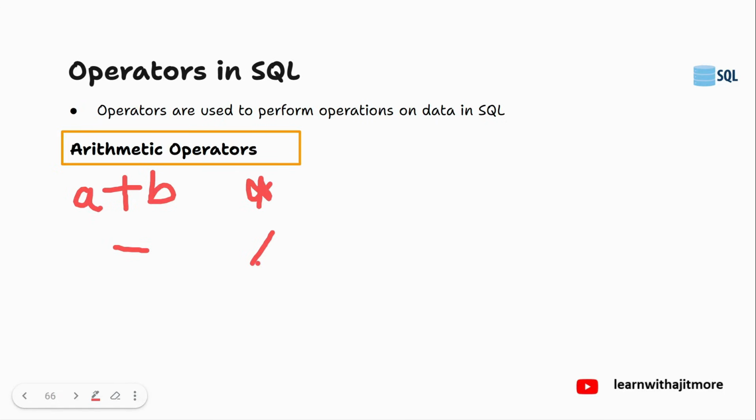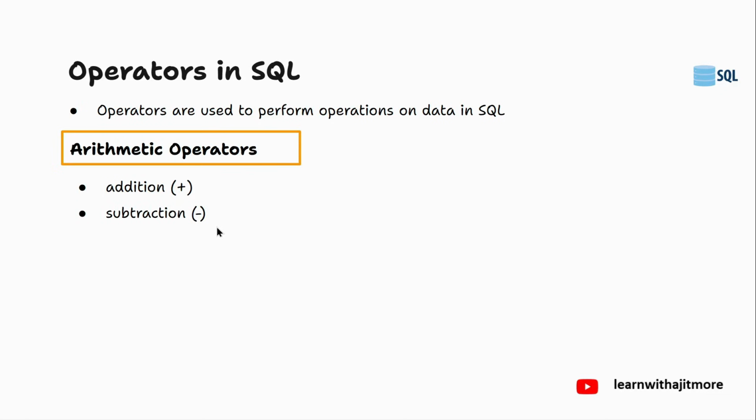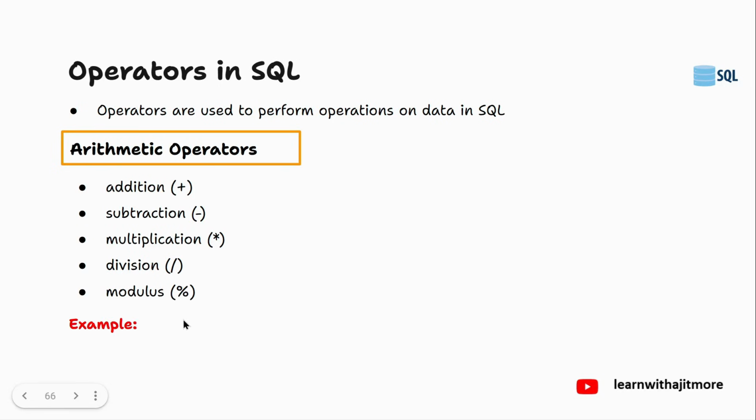Division will always return float division only. Then we have modulus, which gives a remainder. I'll tell you all one by one, I'll give it in tabular form. First is addition, subtraction, multiplication, division, modulus.